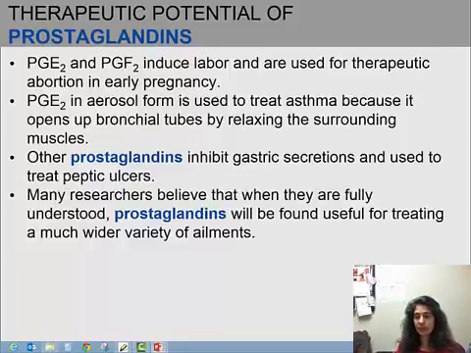So is it relaxing the muscles around the bronchial tubes? Are we looking at what's happening down in the pelvic area? So some really different functions even with the same molecule. Gastric secretions. We want to inhibit some of those gastric secretions if people are having issues with ulcers.